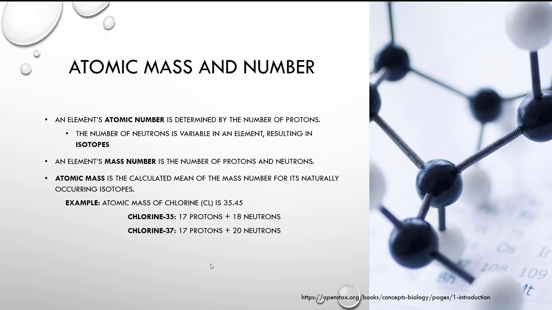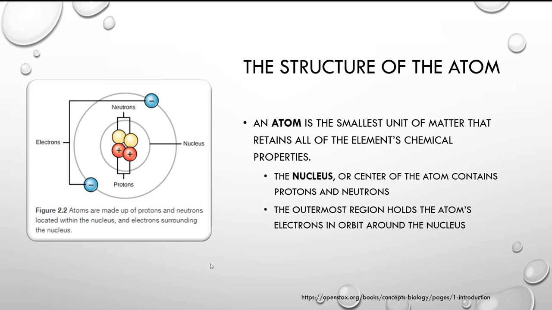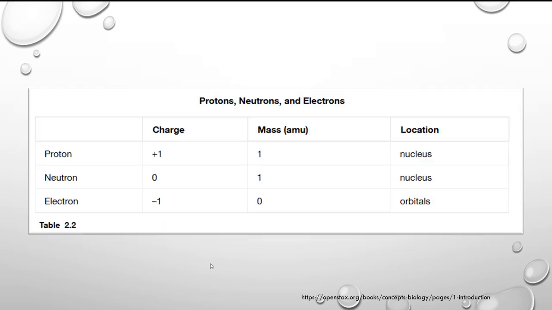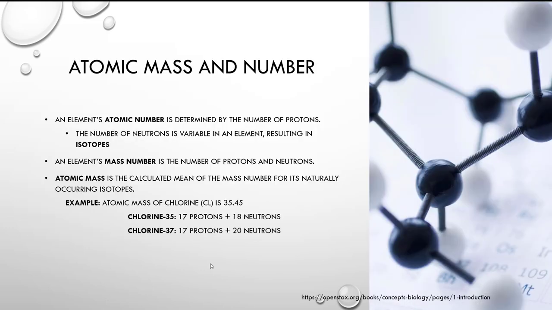If we add up the number of protons and neutrons, we get the element's mass number. Going back to the slide before, we have helium here with 2 protons and 2 neutrons, so its mass number is 4. Pretty simple.